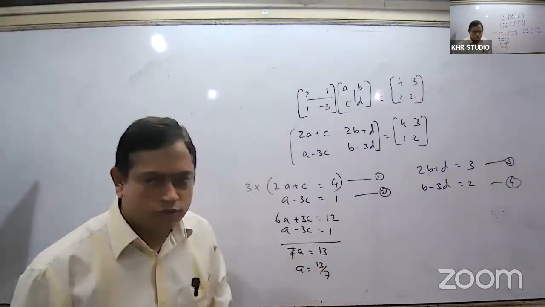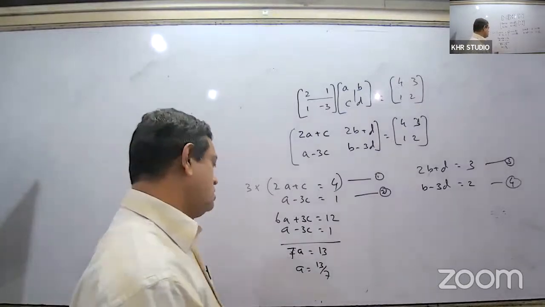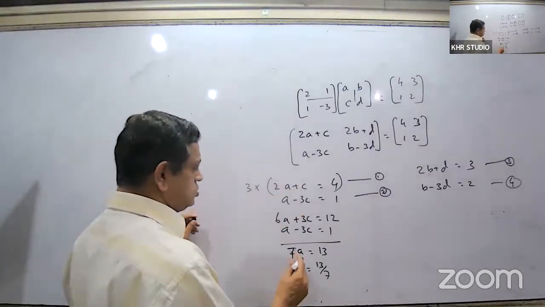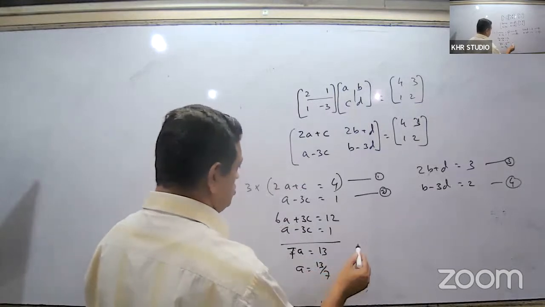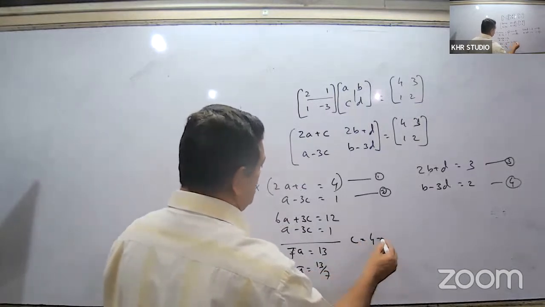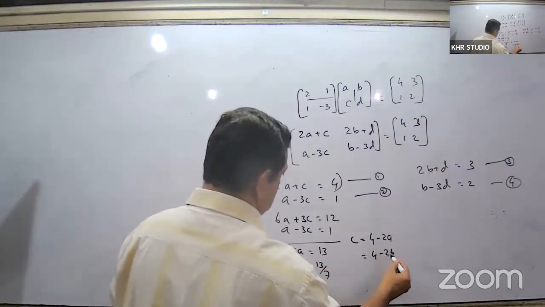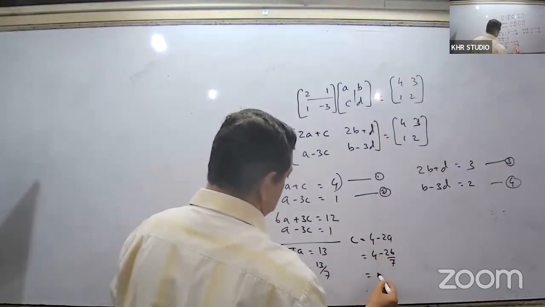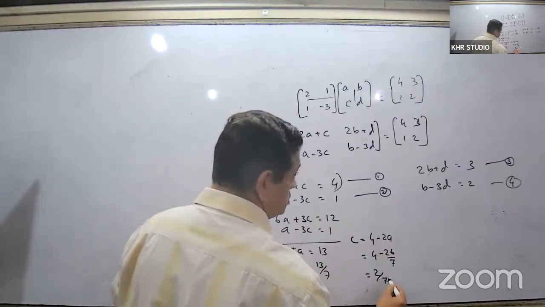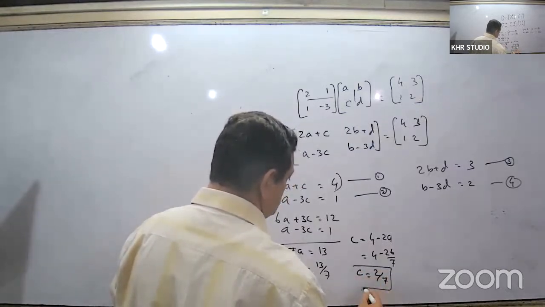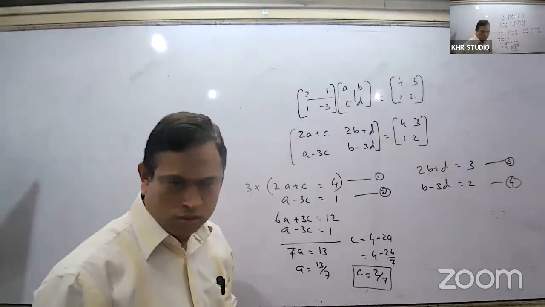Who got 13 by 7? Then replace c: c is equal to 4 minus 2a, that is 4 minus 26 upon 7, which is equal to 2 by 7. Yes or no?